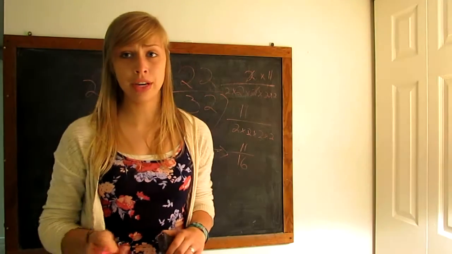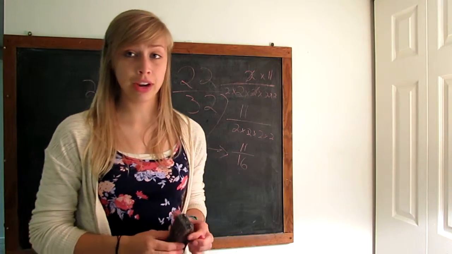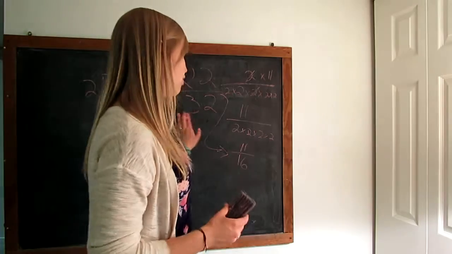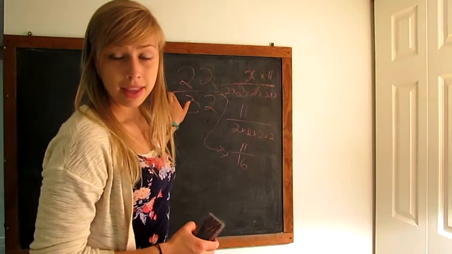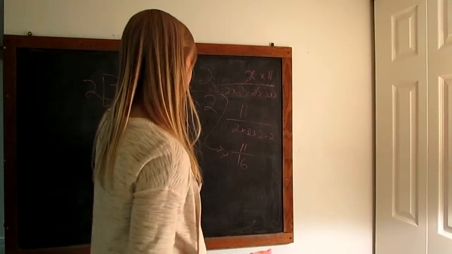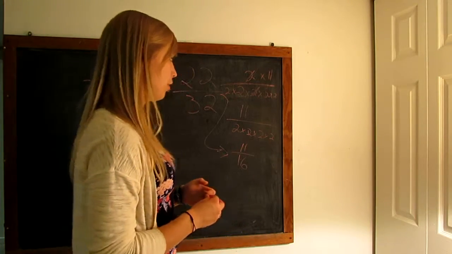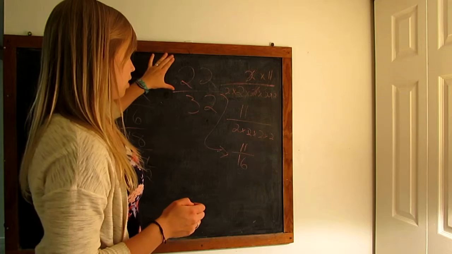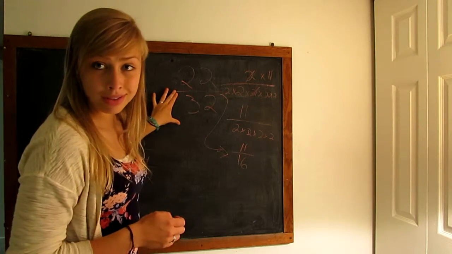So that is how we can use our knowledge about prime factoring to simplify a fraction. We used all the steps that we knew. We knew that this is a composite number and that's a composite number.